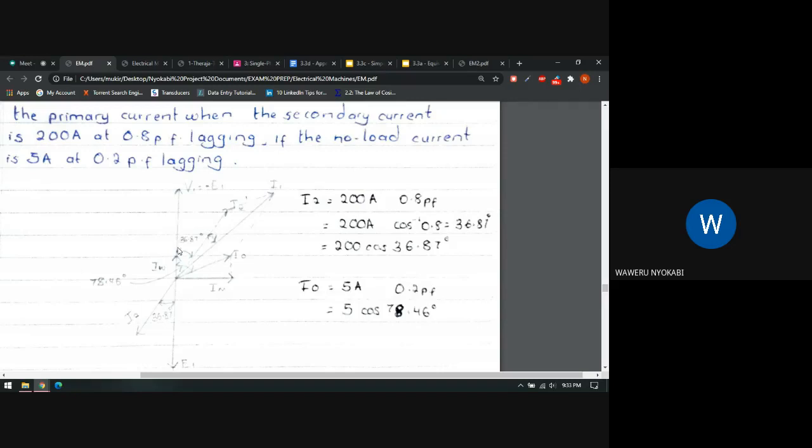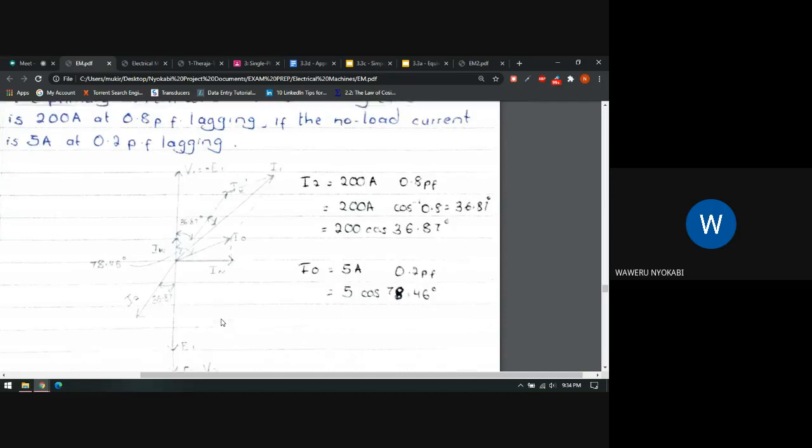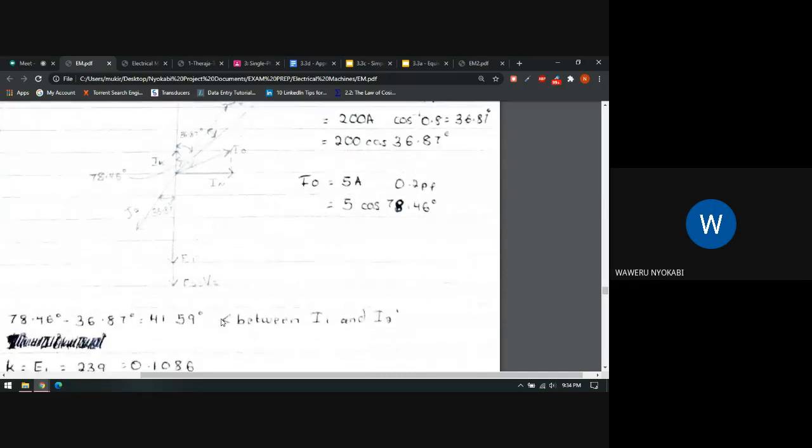Now when you have those two angles, the angle between V1 and I naught minus the angle between V1 and I2 prime will give us a small angle between I2 prime and I naught. So that's now the angle, 41.59.